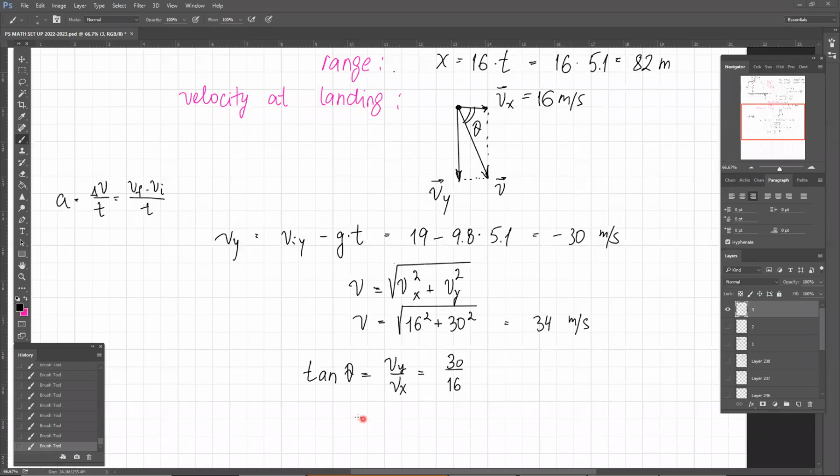And so theta is tangent minus 1 of this ratio, which is equal to 62 degrees.